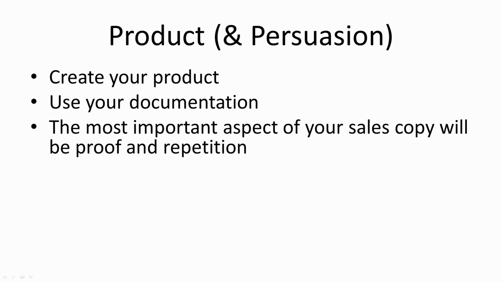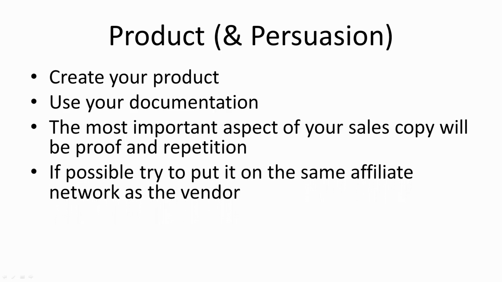The most important aspect of our sales copy is going to be the fact that we were able to get this result over and over again, and we can prove it. We're going to be able to prove it with our result. And in some cases, if we can actually get people to take our product, use it, and get the same results, this is going to be a fantastic way of being able to put social proof on our sales page.